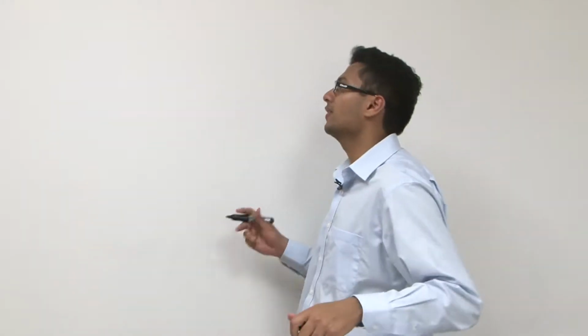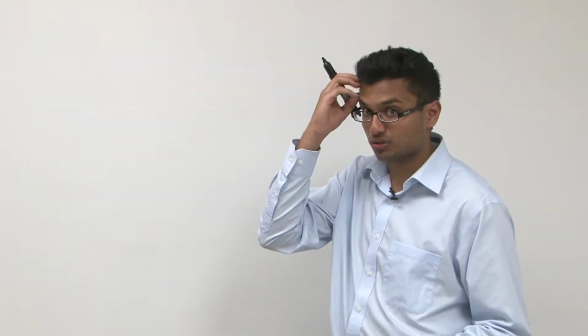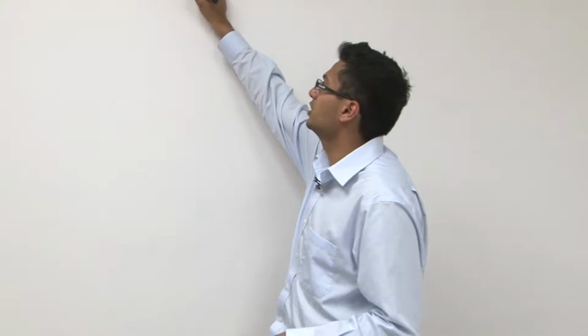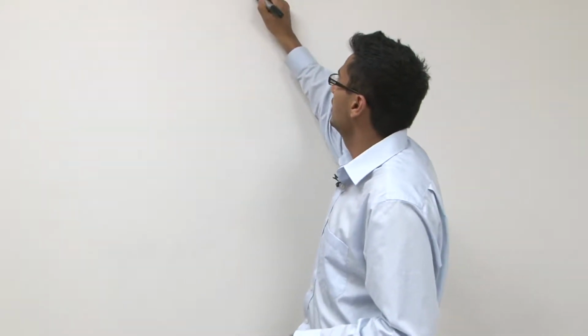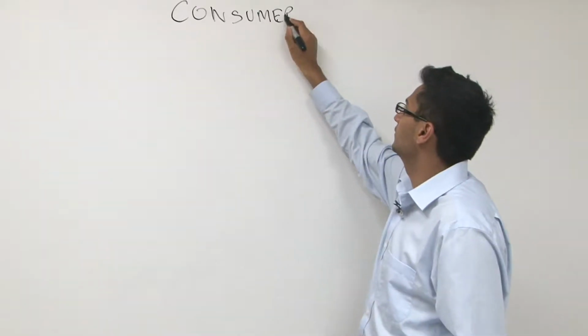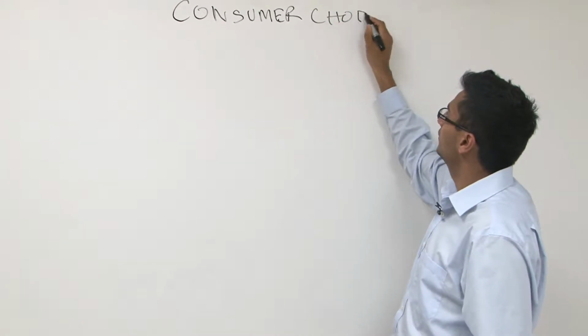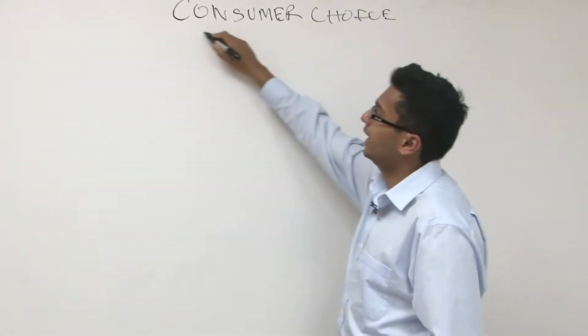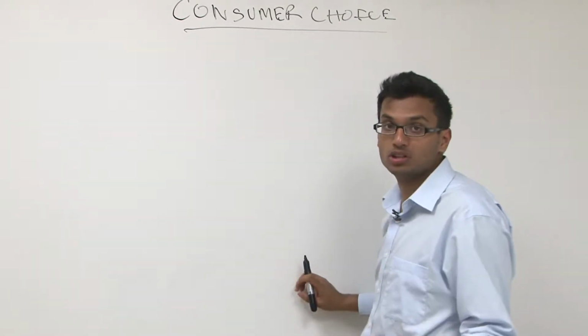So with that being said, let's start with number 5. That's going to talk about utility maximization, which is also going to include diminishing marginal utility. We're continuing consumer choice, and currently we're talking about utility maximization.